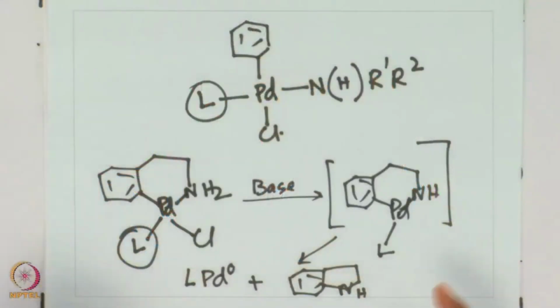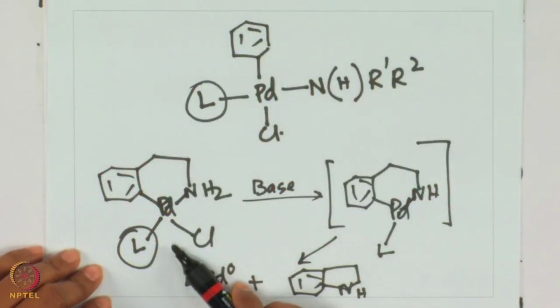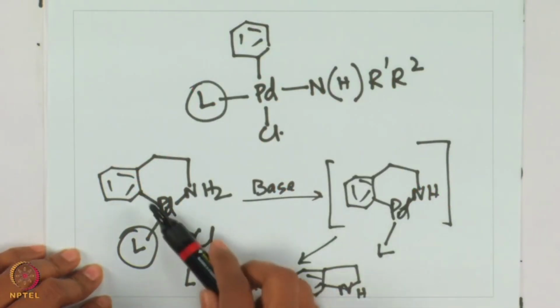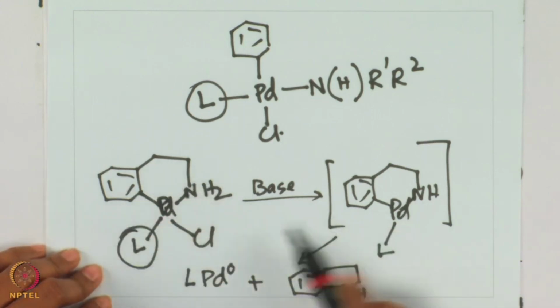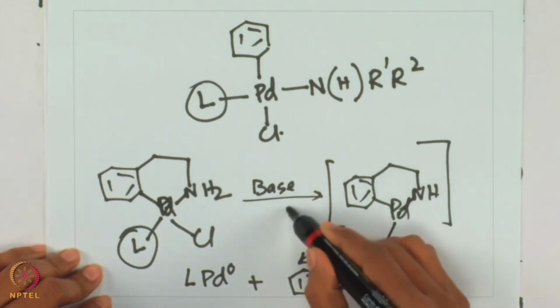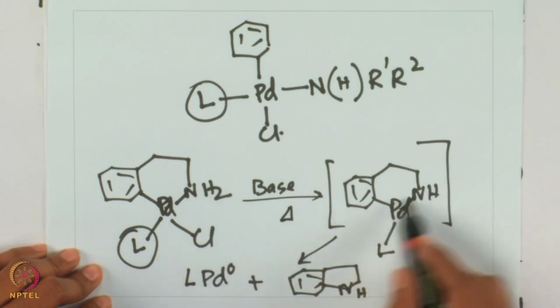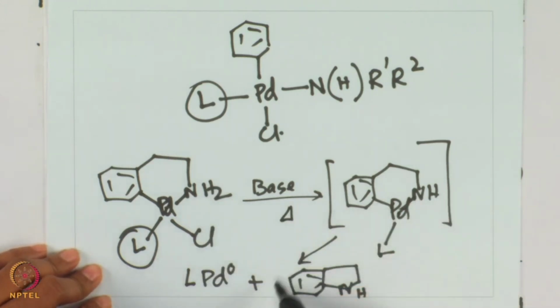Now, if we have this material readily available from a commercial source, what we can have is the oxidative addition intermediate in presence of base and heating, which gives rise to the deprotonation, and subsequently reductive elimination to form the product, which is something we are not interested in.